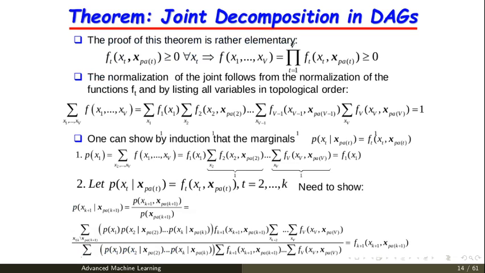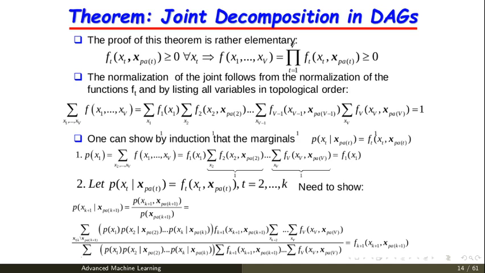The first part of the theorem was that if this function is individually normalized, then its product will also be normalized. So if you take the product of all of these functions, and we sum over all possible values of x1 to xt, this will come to 1.